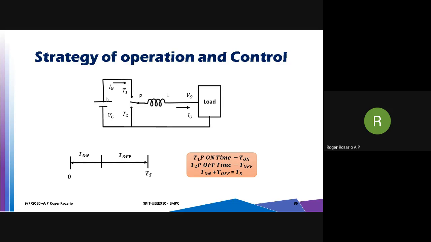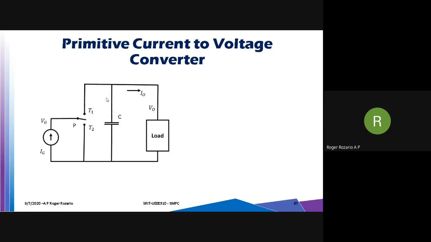The duration in which the pole P is connected to T1 is called T on, and the duration for which the pole P is connected to T2 is called T off, and the combined period of T on and T off is called the switching period of the converter, denoted by the letter TS.